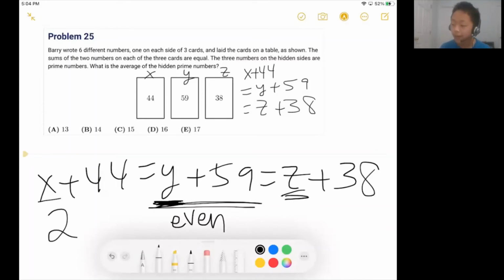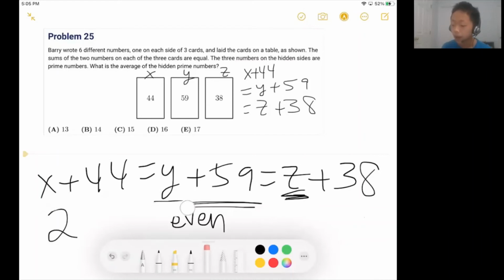But we can't have X and Z both be even, because if X and Z are both even, then we know X must equal Z must equal 2. They both must equal 2. But that's clearly not allowed, because in the beginning of the question, they said Barry wrote 6 different numbers. So all 6 numbers have to be different. So you can't have 2 variables equaling each other.